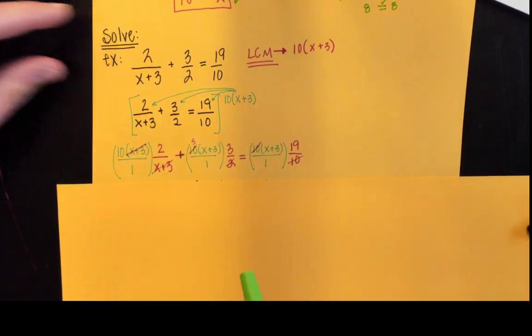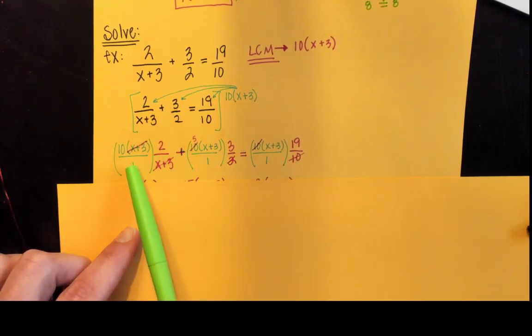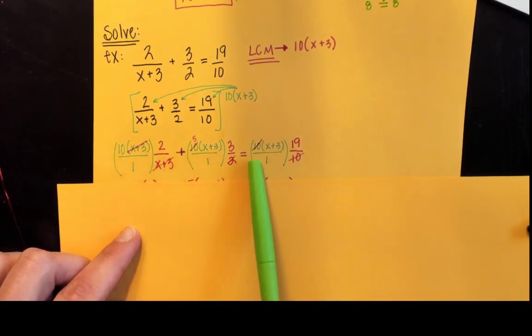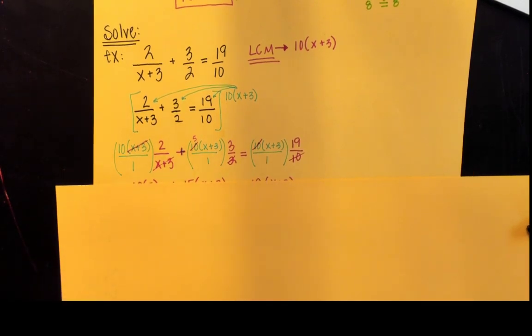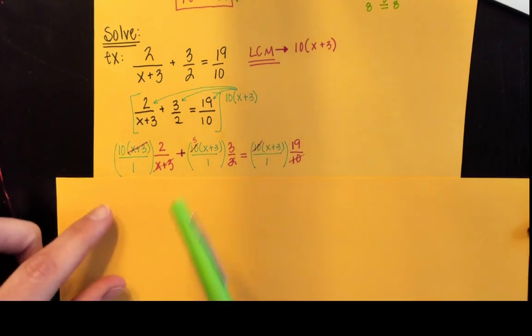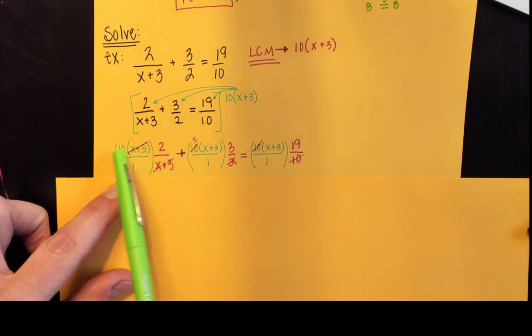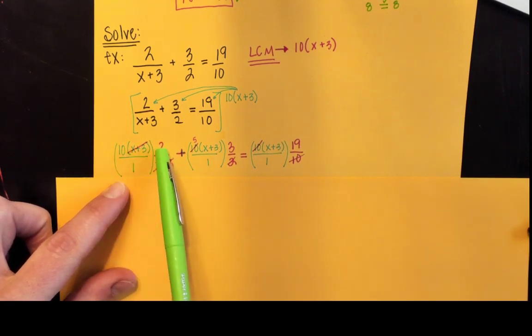In this problem, I have all the original work and I've distributed through those 10 times x plus 3's. And I'm only doing this so that you can see in this example that what's on top will cancel with the bottom, and then I'm going to end up multiplying what's left.